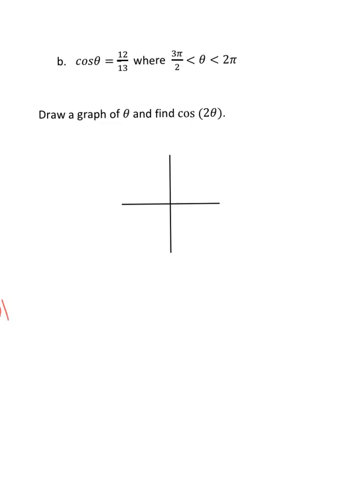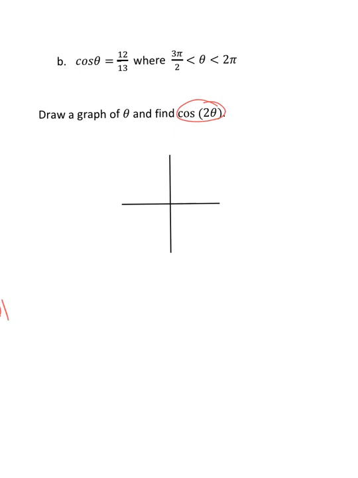Okay, the next one. This one is actually quite simple if you know the correct formula to use. So you're looking for cosine of 2 theta. If you look at your formula chart for double angles, you have 3 different formulas that you can use for cosine of 2 theta.